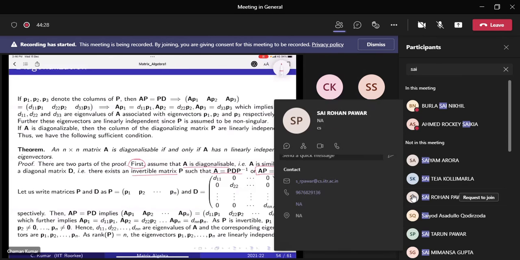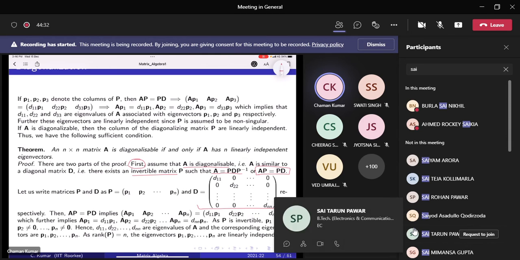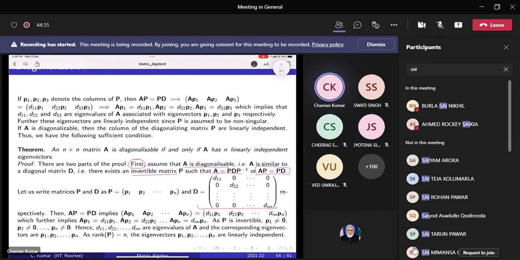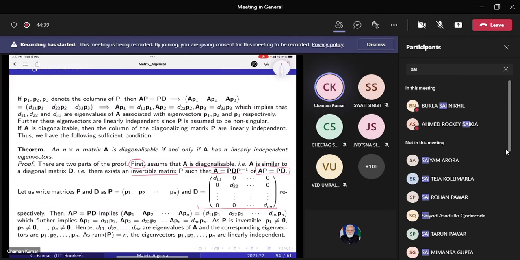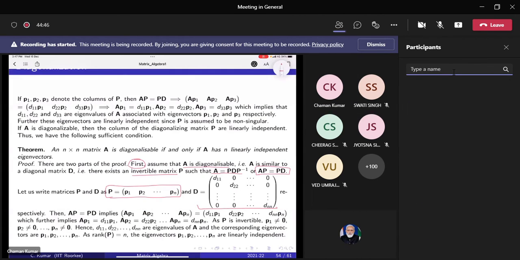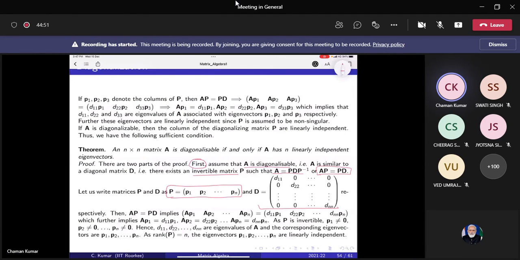Let us say that this is the diagonal matrix we have, with the diagonal elements D11, D22, Dnn, and matrix P, using the notation that we have just introduced, is written as P1, P2, Pn, where P1, P2, Pn are the first, second, ..., nth column of the matrix P. Fine.